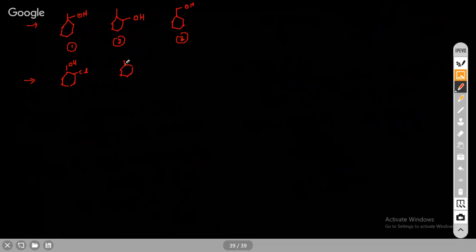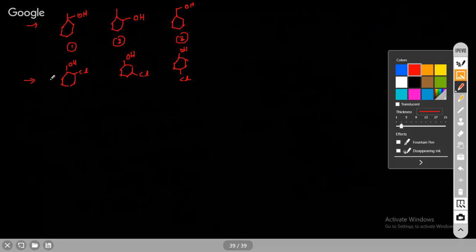In all these compounds you see the hydrogen atom is attached with oxygen, the same atom. All these are type 3. Tell me the order of these two. 1, 2 and 3. Quickly.